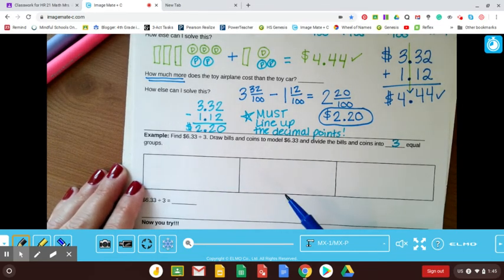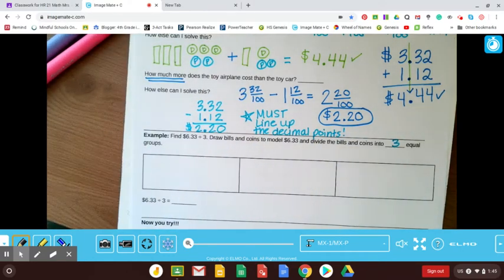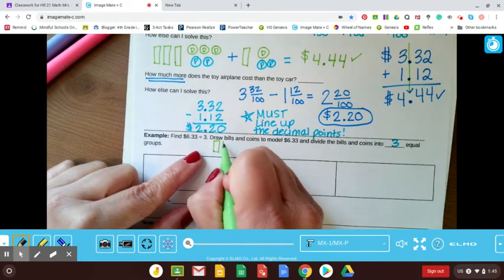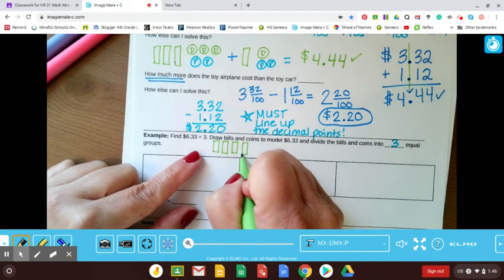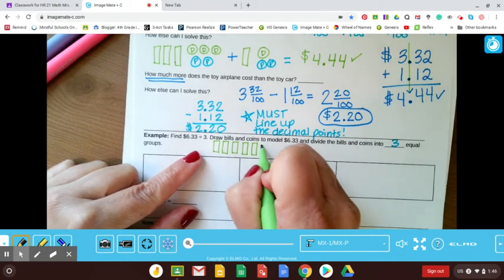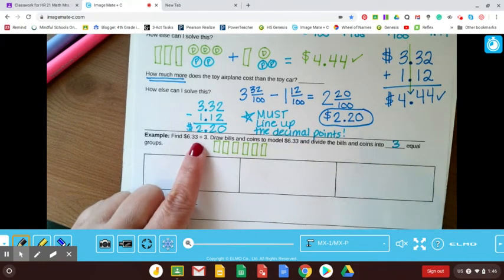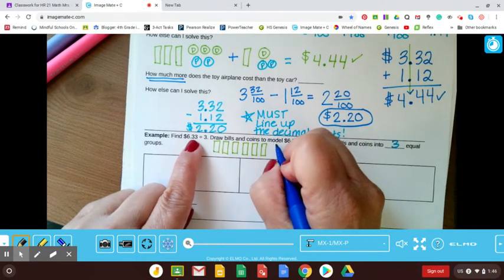So our first step is that we need to draw it all out. So if I had $6.33, it would look like this. So it'd be like $1, $2, $3, $4, $5, and $6. All right, and now I have 33 cents, right? So I'm going to have 3 dimes.